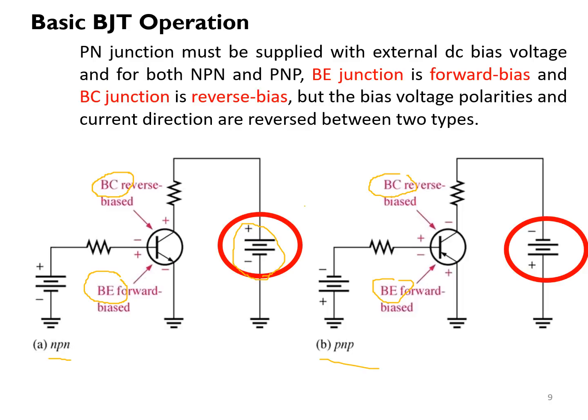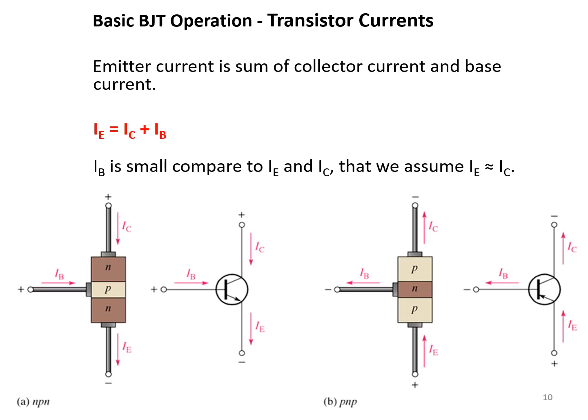The difference is in the polarity of the bias voltage and the current directions. Emitter current is the sum of collector current and base current, equal to IC plus IB. IB is small compared to IE and IC. Then we assume IE is approximately equal to IC.